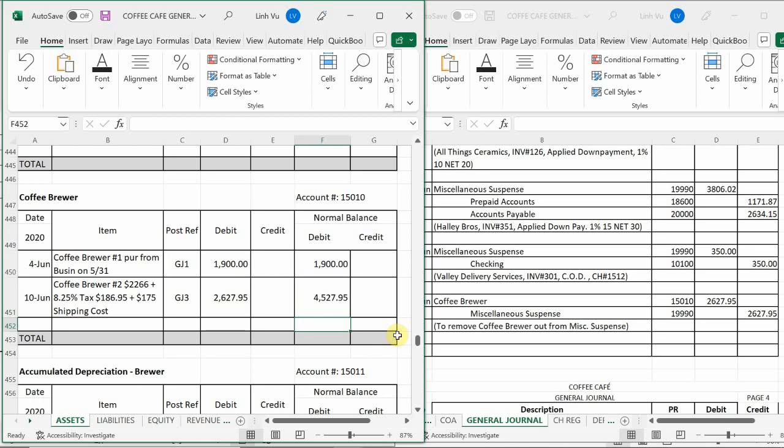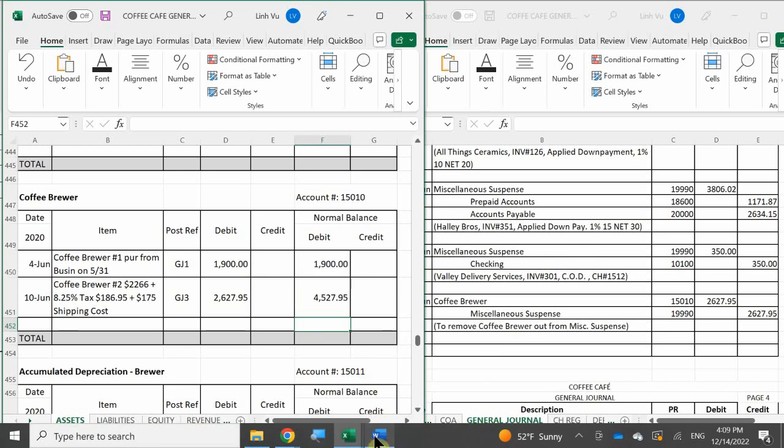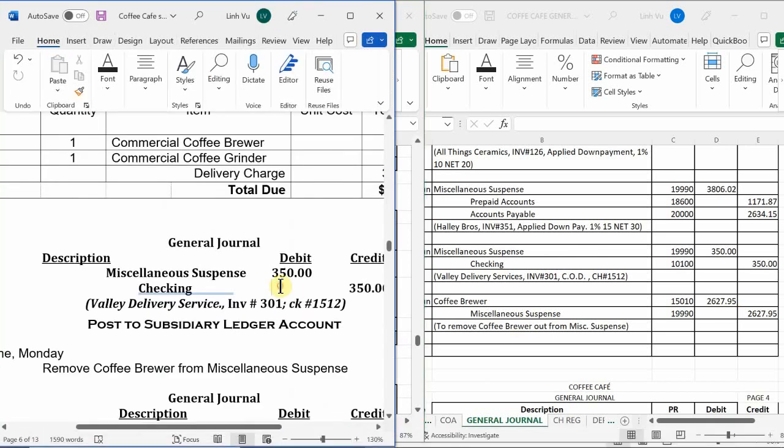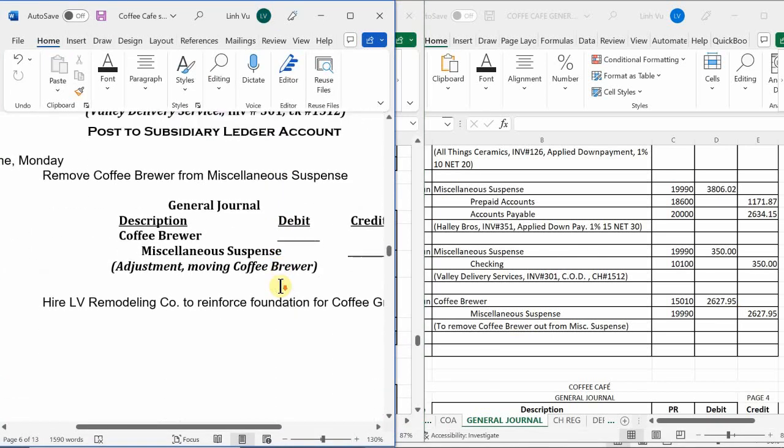So in this case, this is called an internal transaction, meaning you don't need to update the subsidiary ledger because this is a transaction that happens in between your books. Nobody was involved in this transaction. So I don't need to update the subsidiary ledger. So I am officially done with this transaction.